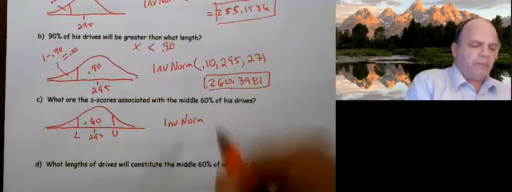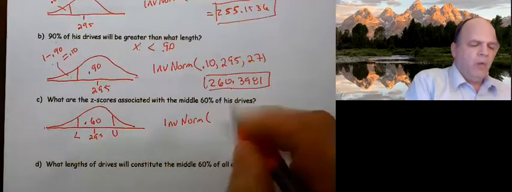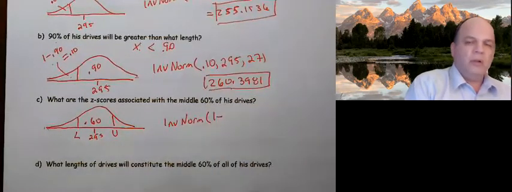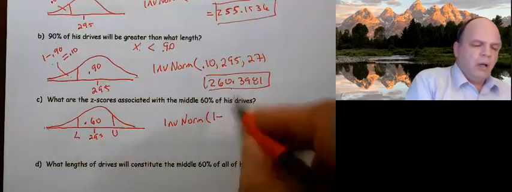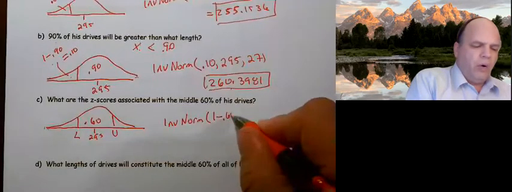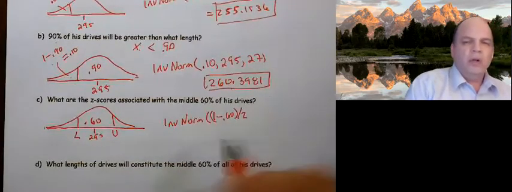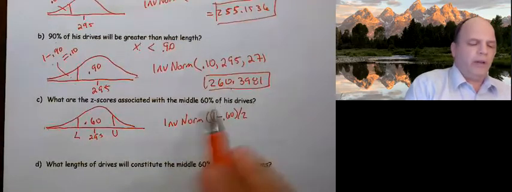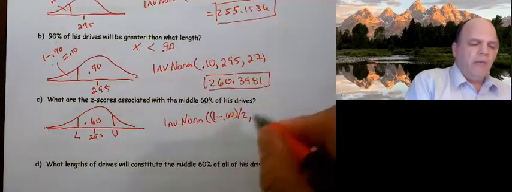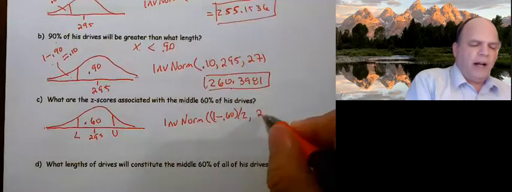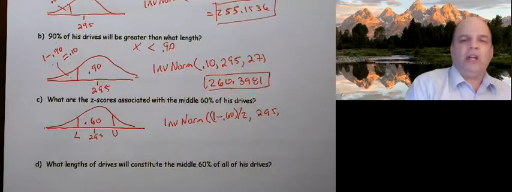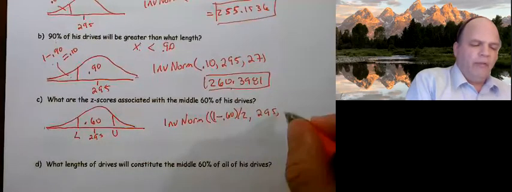But this time, we have 1 minus the 0.60, all of this in parentheses, divided by 2. That's my area when we're working with a left and right. Mean of 295 and standard deviation of 27.